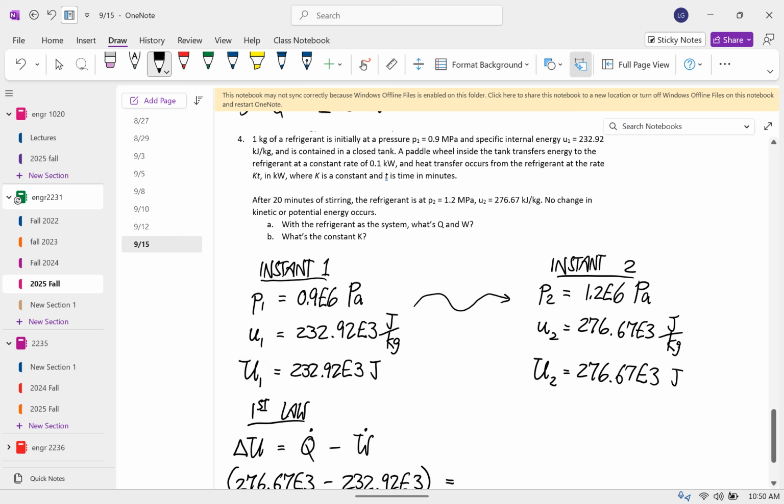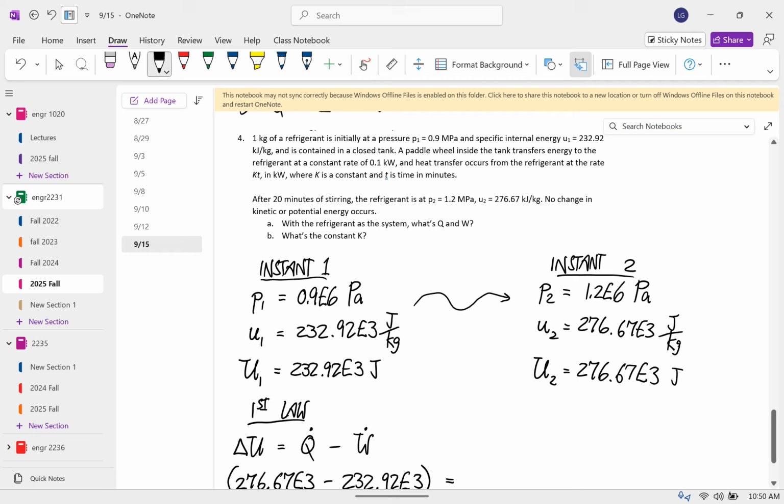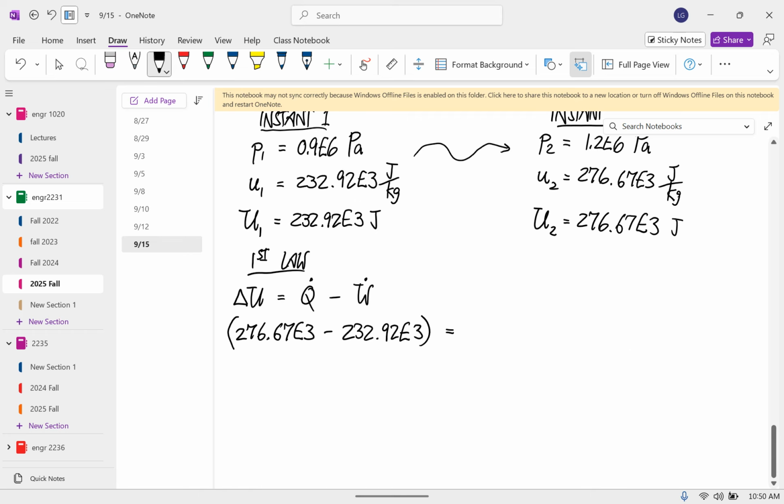So over these 20 minutes, we know the heat is transferred at a rate of kT, and that heat is out of the system. So we're going to have negative rate times time.